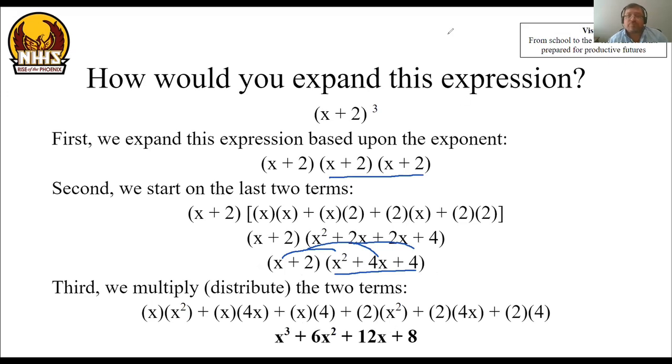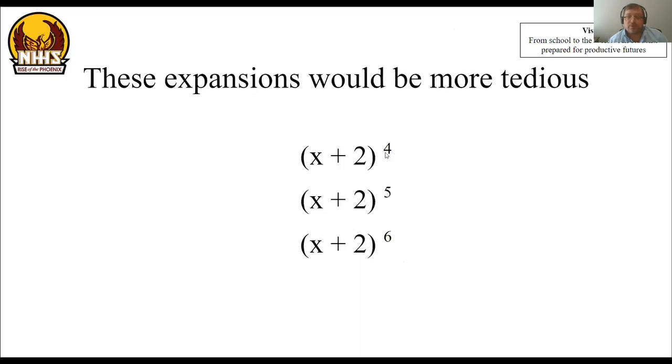But is there an easier way to do it? Let's take a look. When you start doing these, you can imagine that's a lot of multiplying, a lot of distribution, and a high potential of making mistakes, which I prefer you not to.